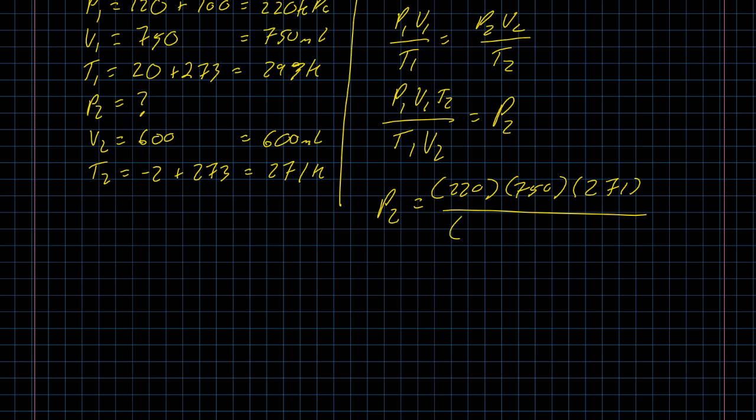Make sure you're putting the right one in the right place. And then be very careful how you're punching it into your calculator. I get 254.3, etc., but I'll round that to two significant figures and call it 250.